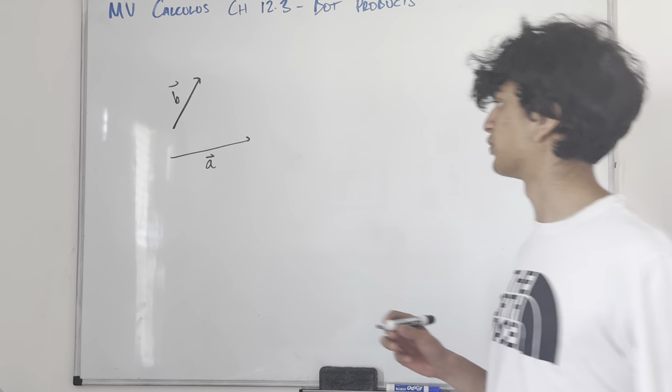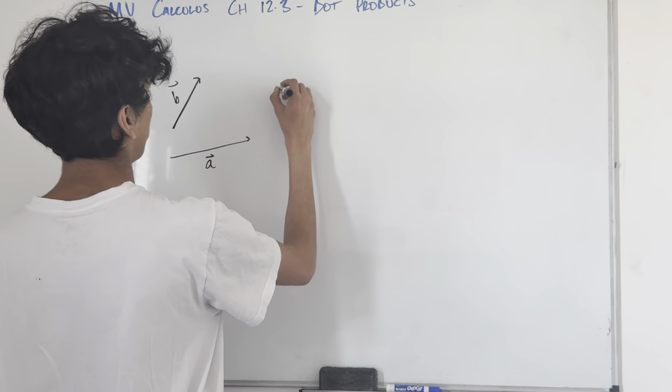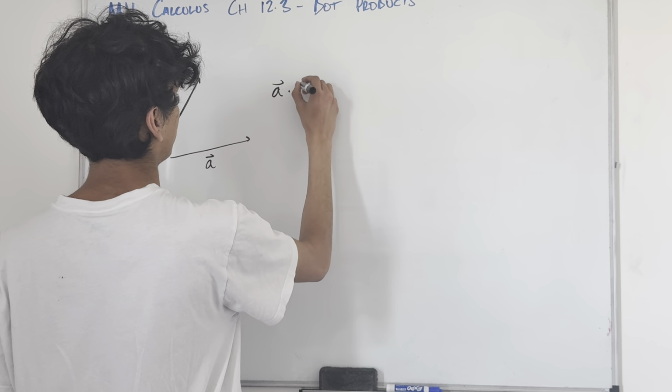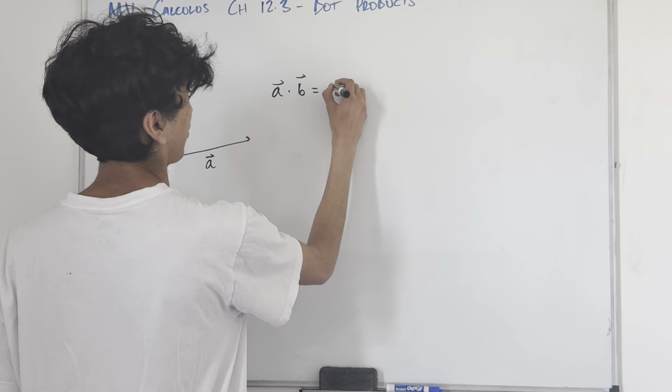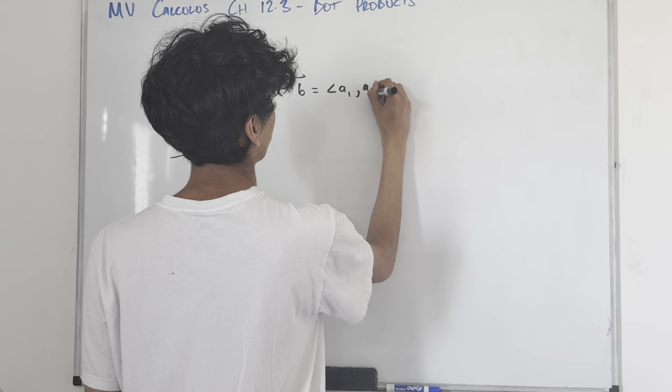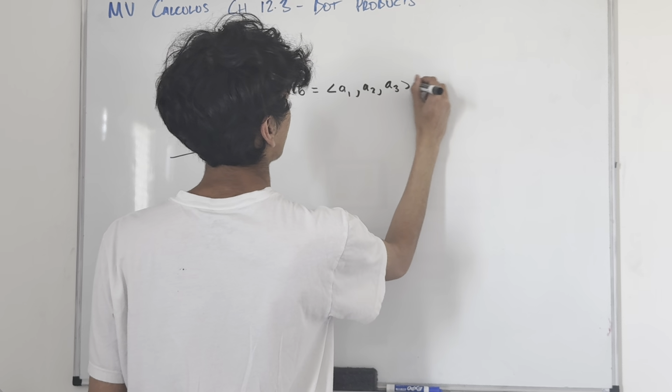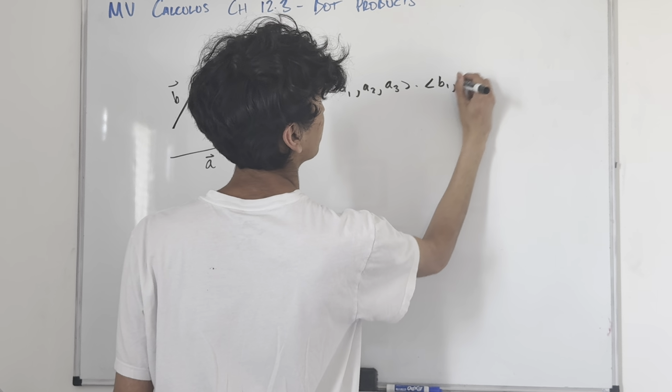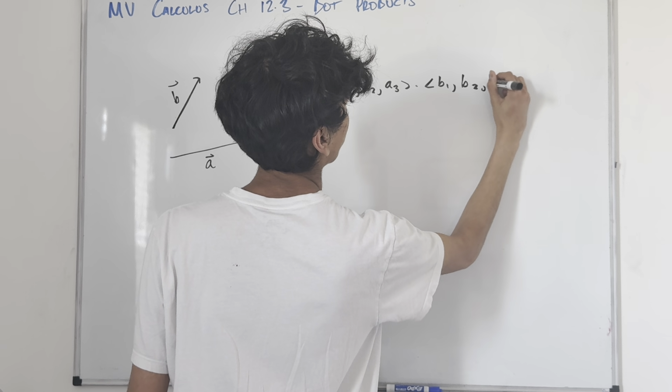Here's how you take a dot product. If I want to do A dot B, what I'm really doing is taking each of the components: A1, A2, A3 dot B1, B2, B3.